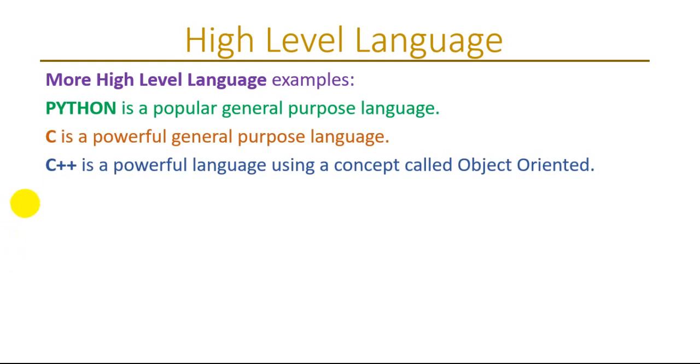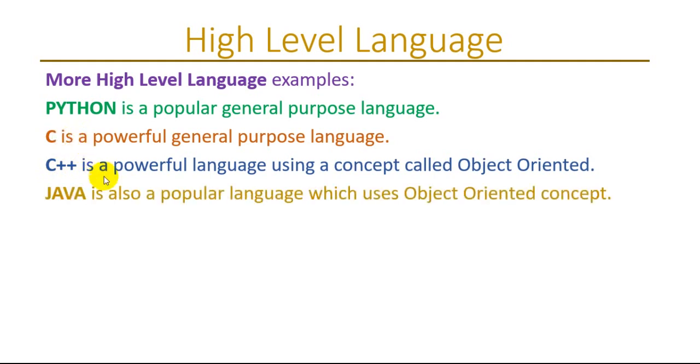The main difference between C++ and C is that C++ has a new concept called object-oriented programming. If you want to write programs in an object-oriented manner, which is a particular way of doing things, you can use the C++ language. It is also a powerful language, and C++ is used to create various translators and other things.